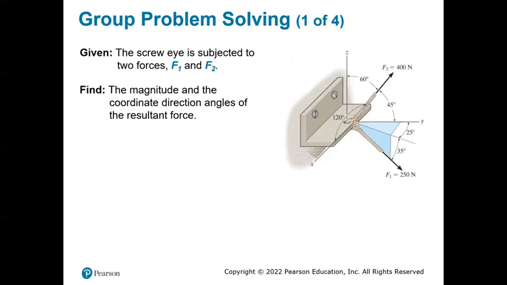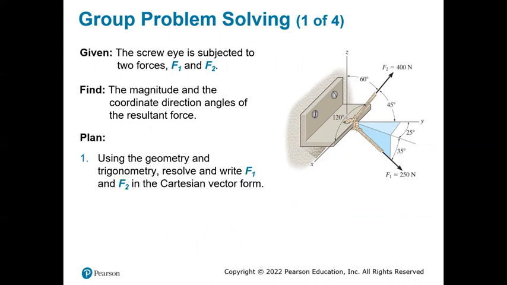Okay, this is the last problem. Same thing: you can take your own time, pause the video, and then do it. You have F1 and F2 forces acting, and the directions are given, the projection angles are given. You can pause the video and start, and if you're stuck on something, you can come back to the video.